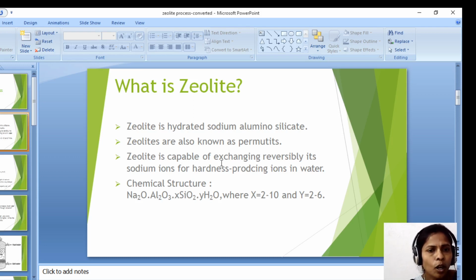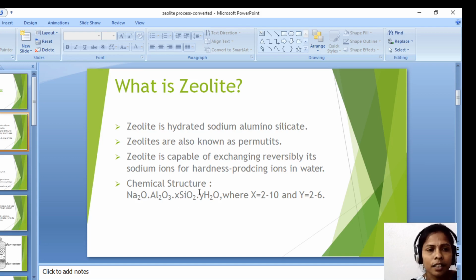Zeolite is capable of exchanging reversibly its sodium ions for hardness producing ions in the water. So what is the charge of sodium ions? Sodium ions have a positive charge. So the zeolite process is capable of exchanging reversibly its sodium ions only. That means it is exchanging only the cations in the water sample.